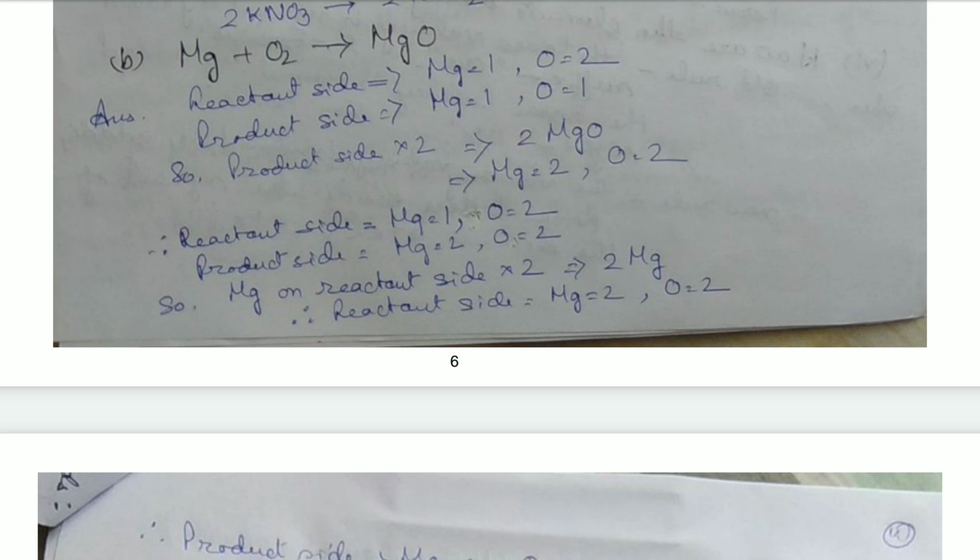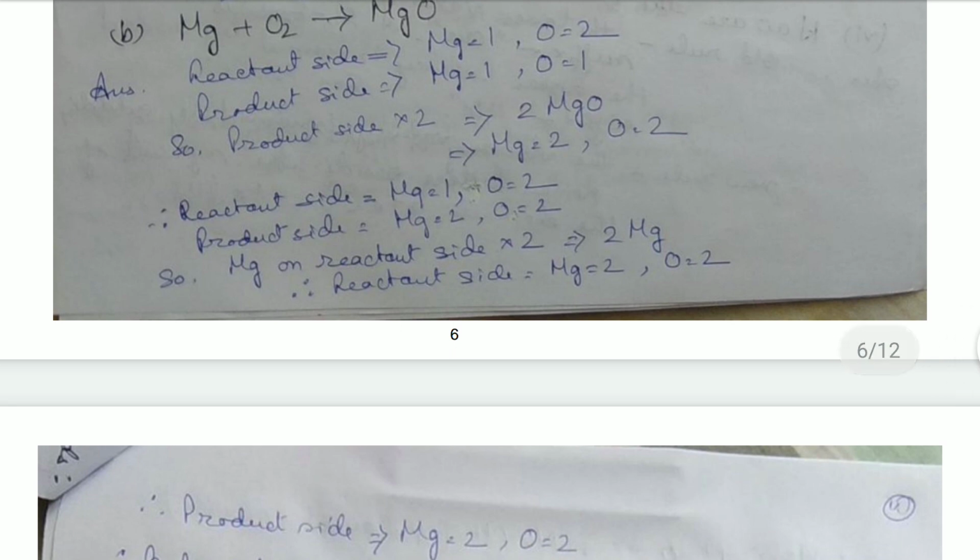So on the product side we multiply by 2. Then it becomes 2 MgO, and that means Mg is equal to 2 and O is equal to 1. Now on the reactant side, Mg has a smaller number of atoms, one atom less there. So on the reactant side we multiply Mg by 2.